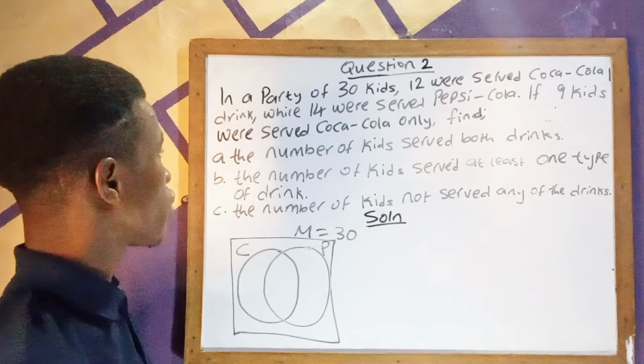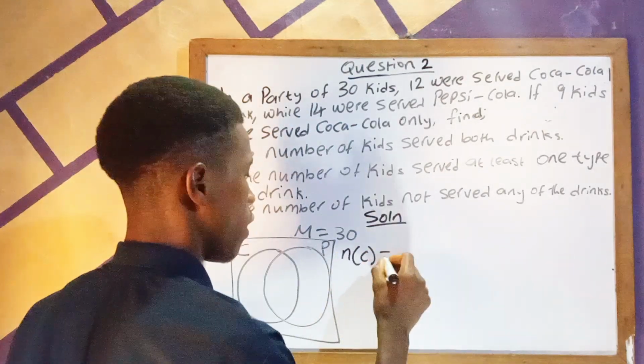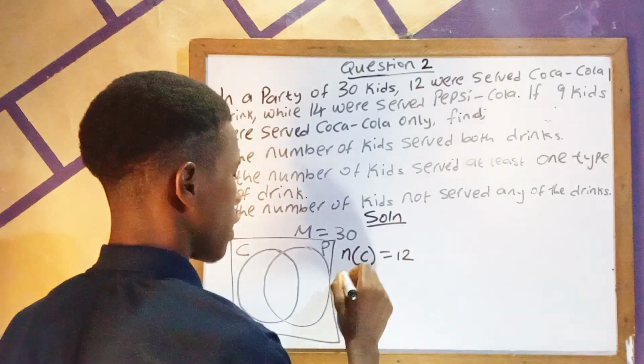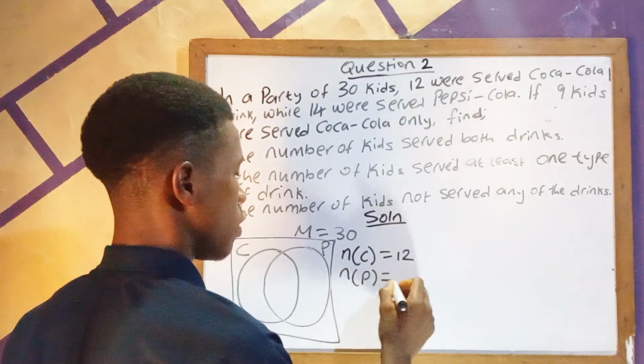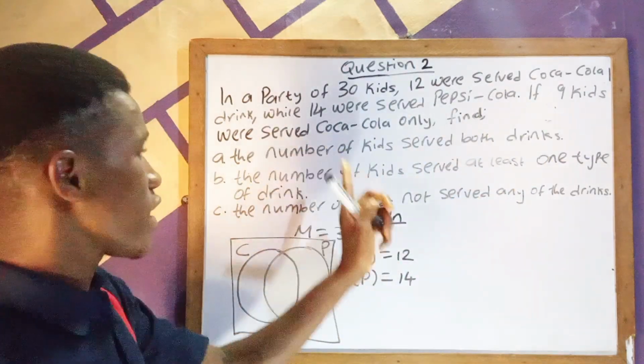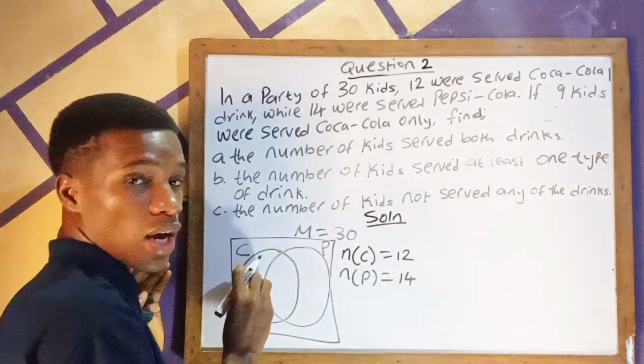It proceeds further to say that 12 were served Coca-Cola drink. So the cardinality of Coca-Cola is 12. The cardinality of Pepsi-Cola is 14. Then it says if 9 kids were served Coca-Cola only, that means 9 kids were served only Coca-Cola but not Pepsi-Cola.